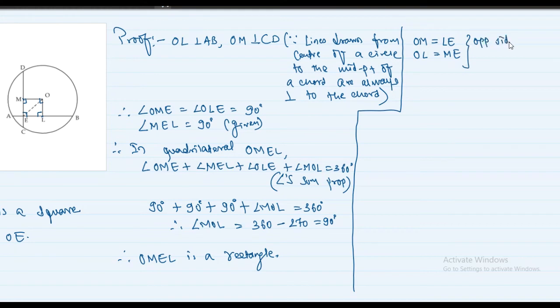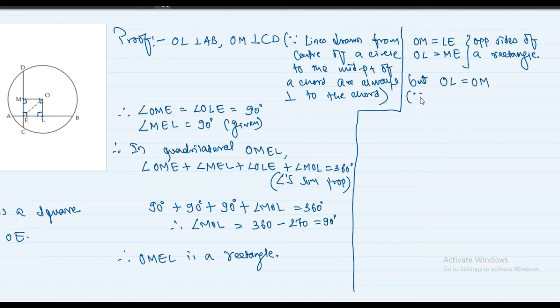Opposite sides of a rectangle are equal. OM is equal to LE and OL is equal to ME. But it is given that OL is equal to OM. It's not given, we can prove it. OL is equal to OM.